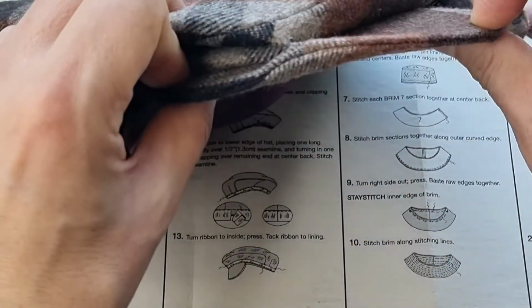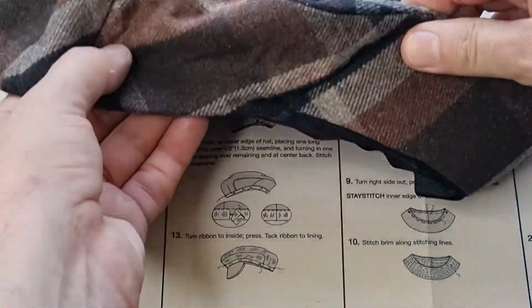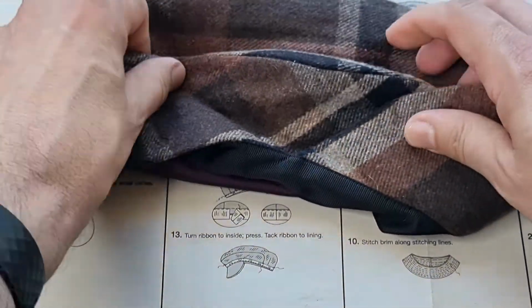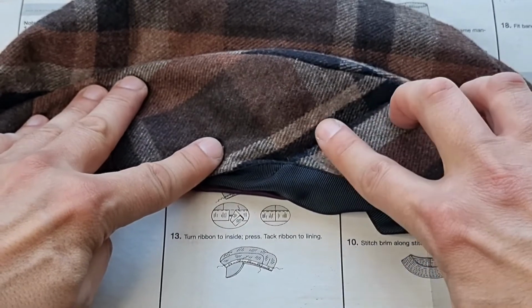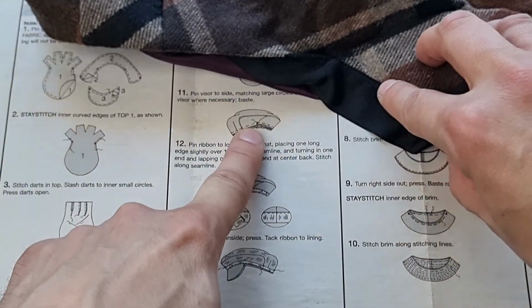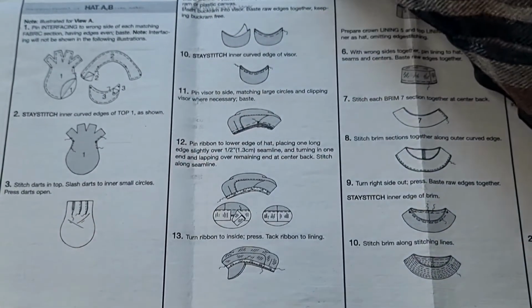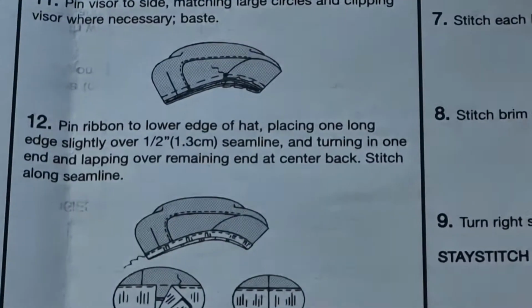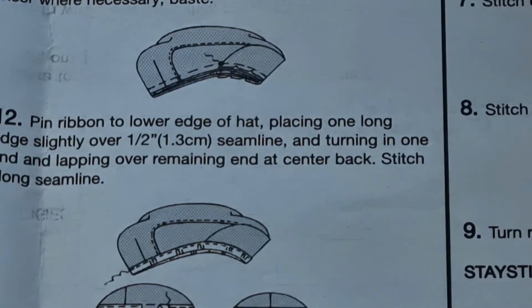So this is the visor, and it's pushed up against the rest of the fabric, and then you would stitch along that bit there, and that's what this is telling you to do.